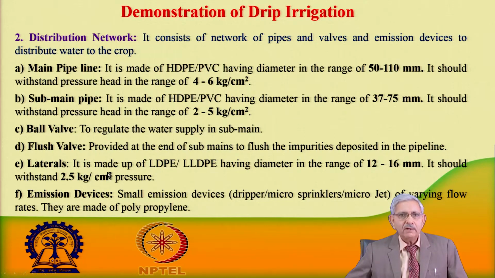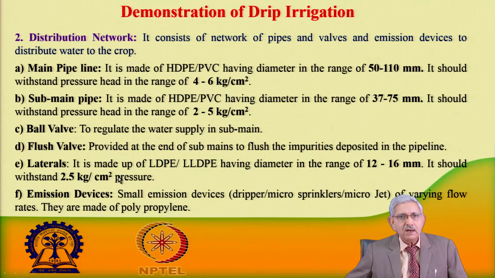And the lateral pipelines are also of different sizes. In fact, this could be 10 millimeter, 12 millimeter, 16 millimeter, 20 millimeter. These pipelines are made of low density polyethylene or linear low density polyethylene, the plastic material used for manufacturing of the lateral pipeline.